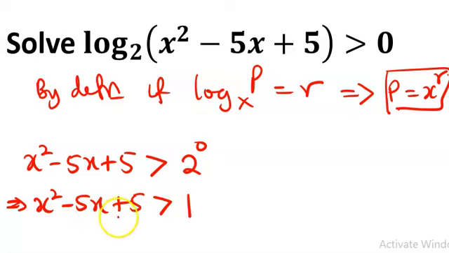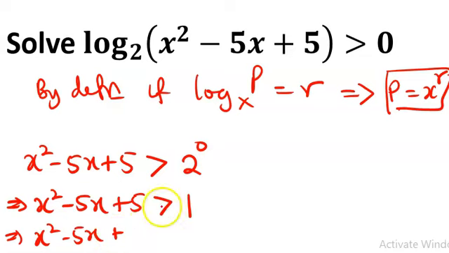We can bring this 1 to this side, making x squared minus 5x plus, 5 minus 1 is 4, greater than 0. This is a quadratic inequality. So there is a way we go about a quadratic inequality.